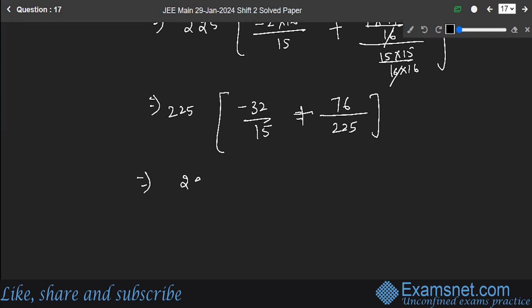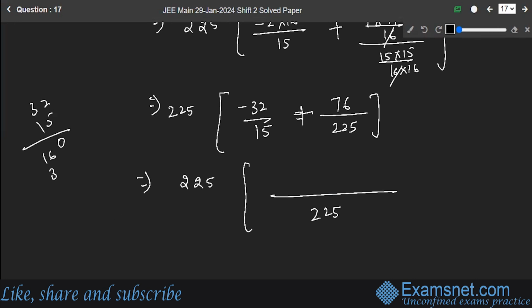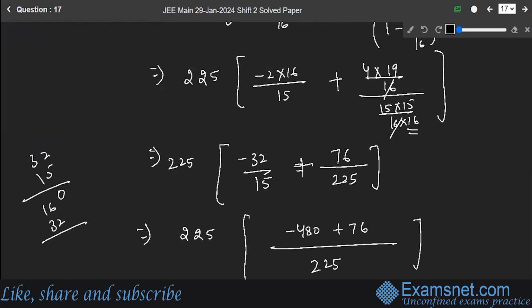So this will be 225 with the LCM, and 32 15s will give me 480. Here I forgot to write down the 16. So this was multiplied by 16 and this is multiplied by 16.